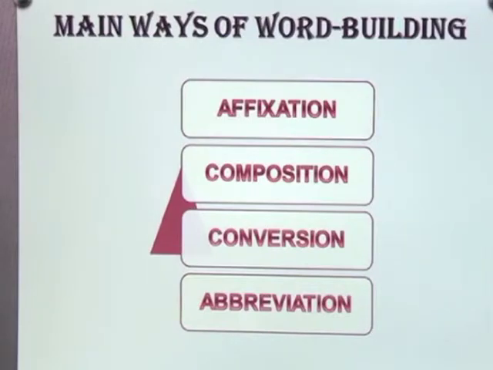And also we have secondary ways of word building. They are sound interchange, stress interchange, sound imitation, blending, and back formation. And now we'll start with the main ways of word building.